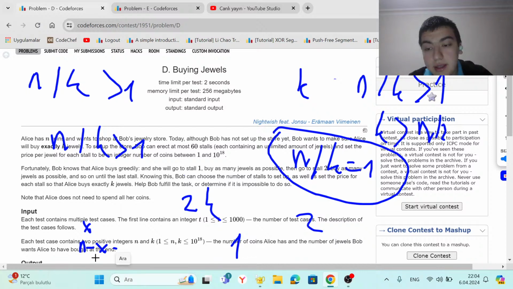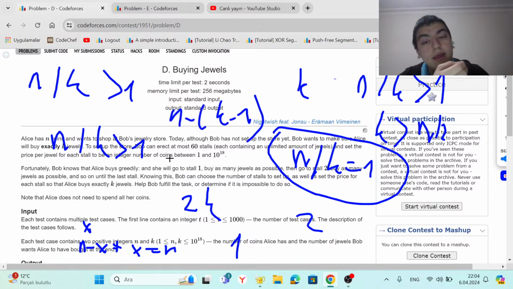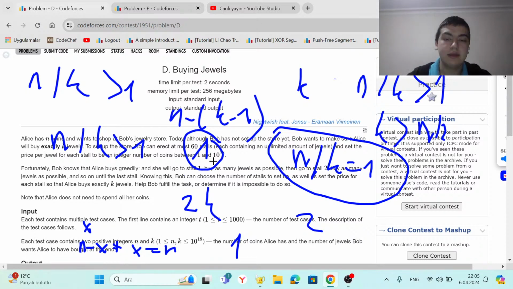So in total, n minus x plus x jewelries equal to n, and we cannot put anything with 1. If we cannot put anything with 1, we cannot make this input.